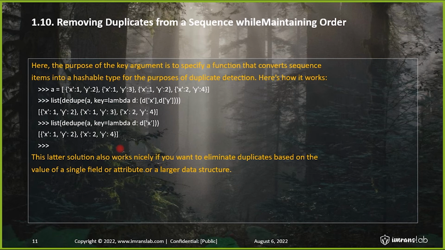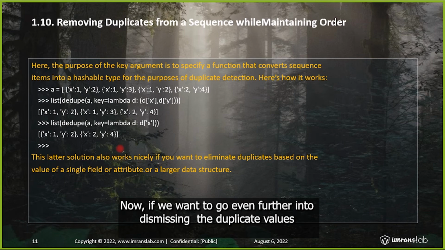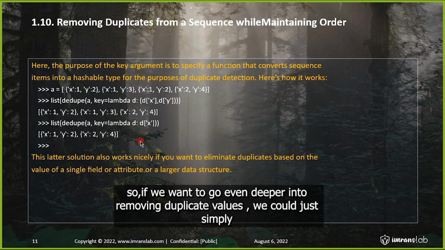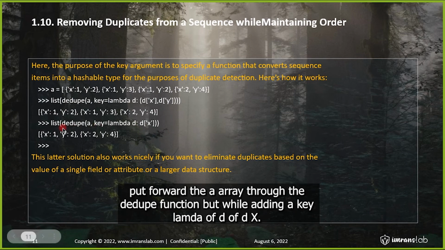Now, if we want to go even further into dismissing duplicate values, for example, you can see that x 1 y 2 and x 1 y 3 have x repeated with the same value. So if we want to go even deeper into removing duplicates, we could simply pass the A array through the dedupe function while adding a key lambda of d x.